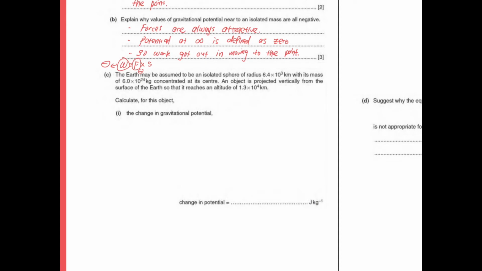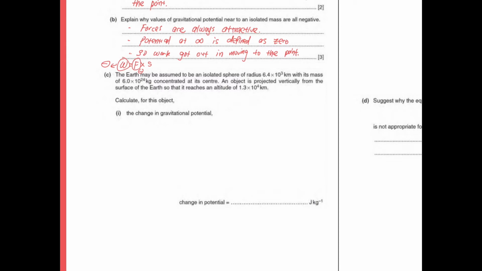Part C. The Earth may be assumed to be an isolated sphere of radius 6.4 times 10 to the power of 3 km with its mass of 6.0 times 10 to the power of 24 kg, concentrated at its center.